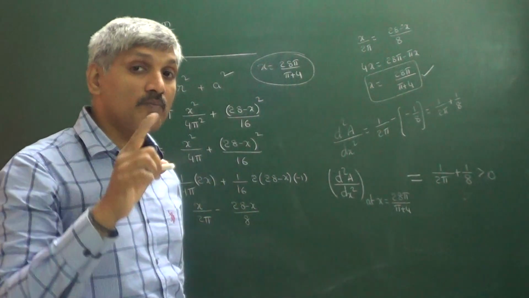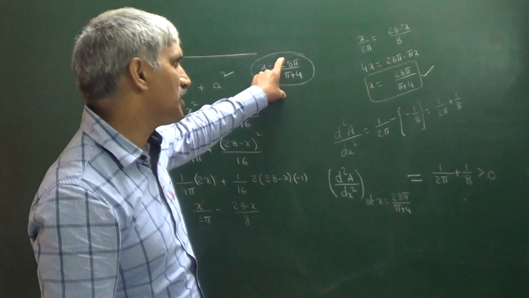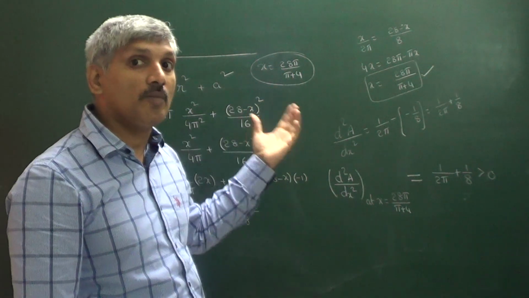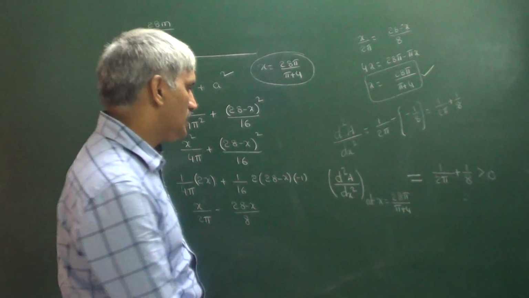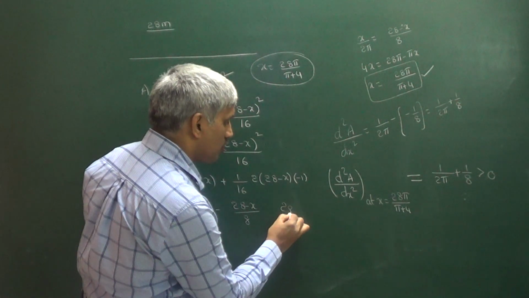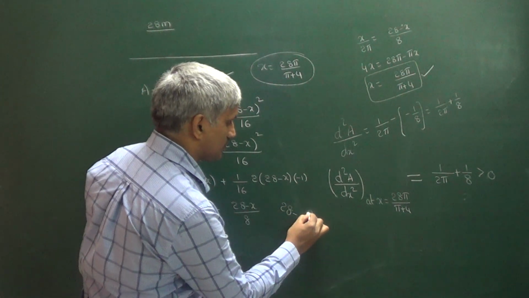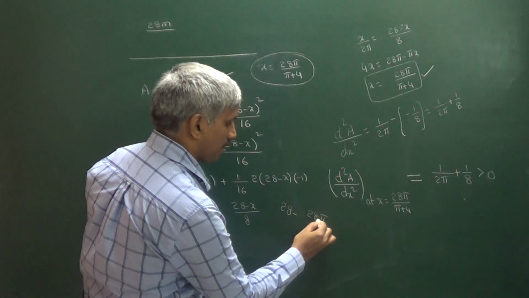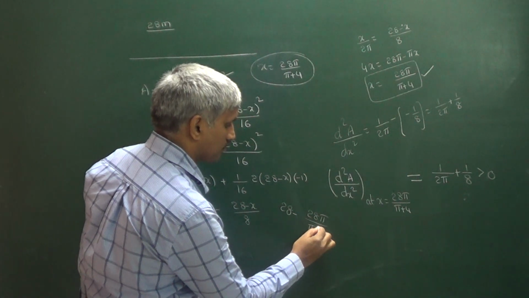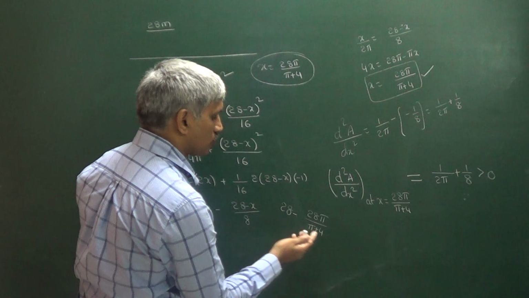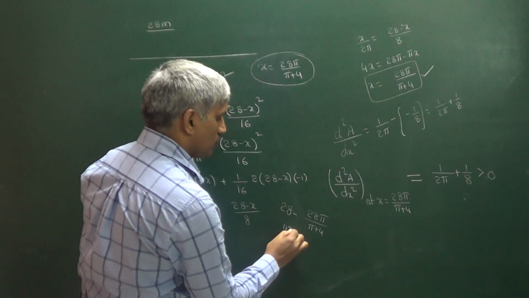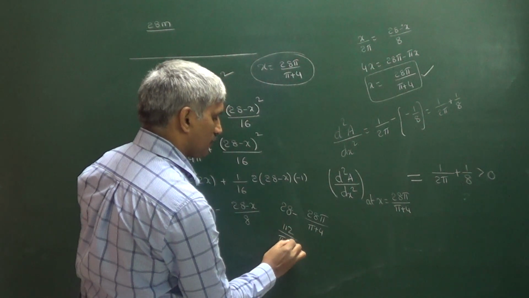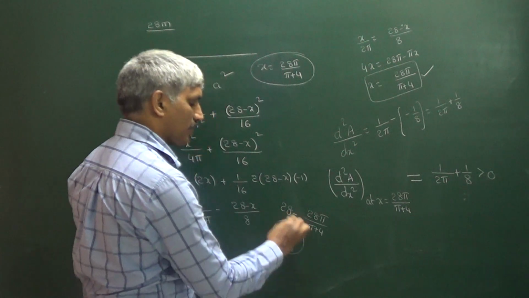That means one piece length we got is 28 pi by (pi plus 4). But what is the length of the other piece? The length of the other piece is nothing but 28 minus x. Yes or no? So that is equal to 112 divided by (pi plus 4), the length of the other piece.